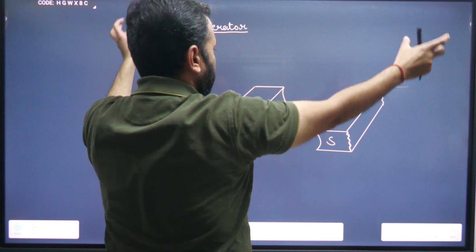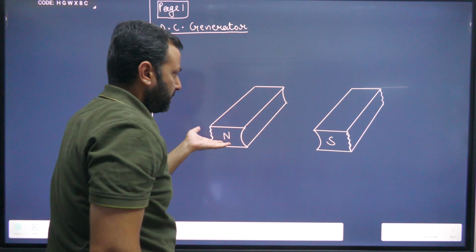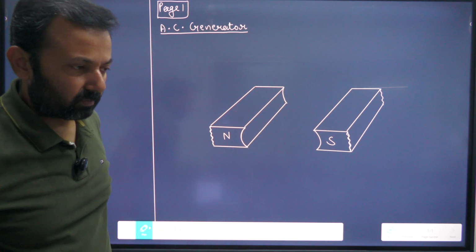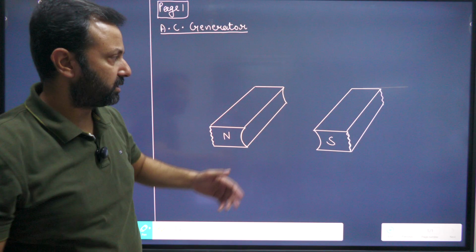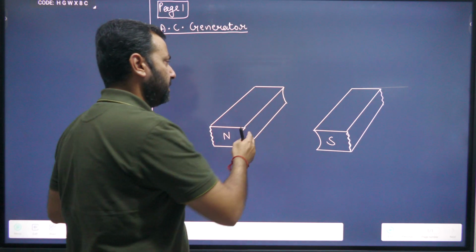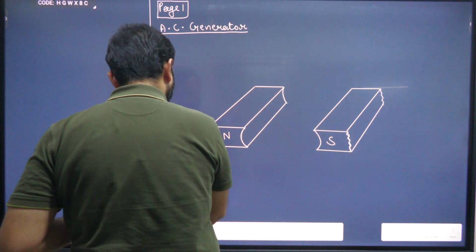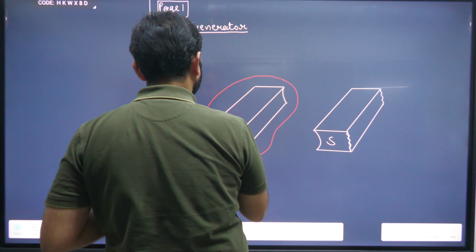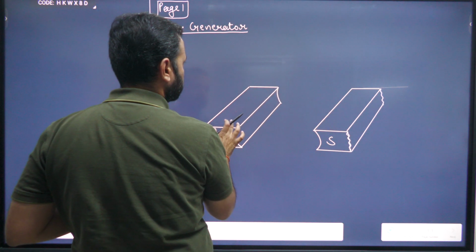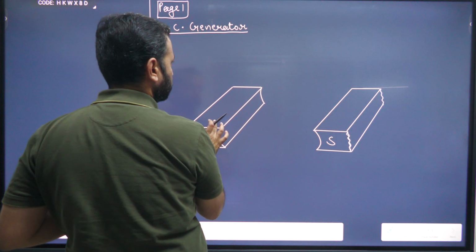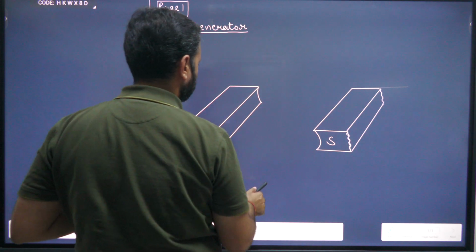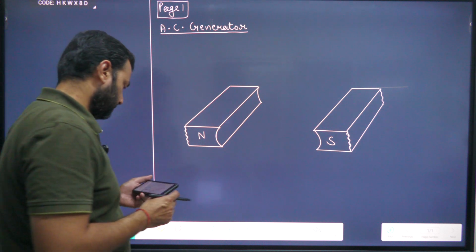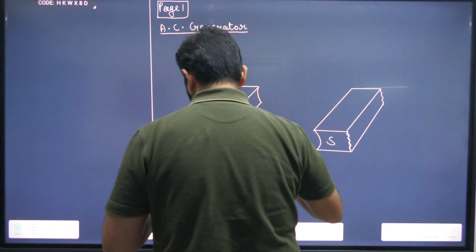I am just showing the north end and south end of this magnet. Now we are going to put a rectangular coil between these two poles.